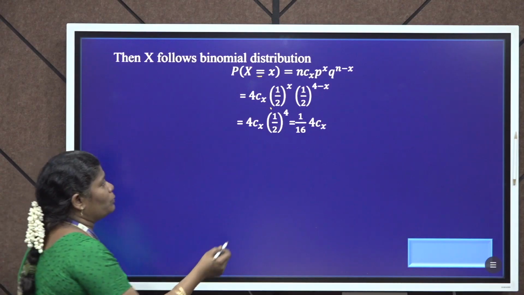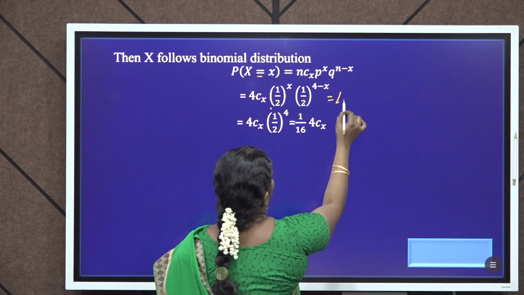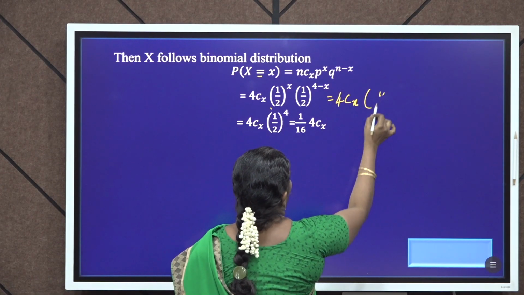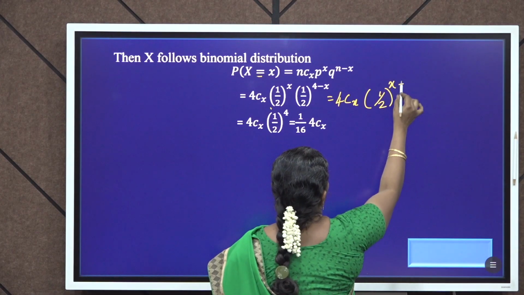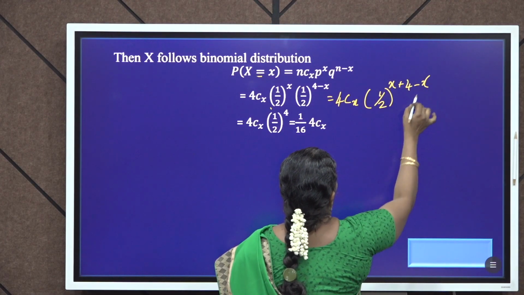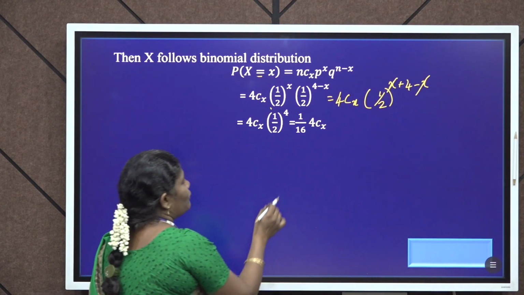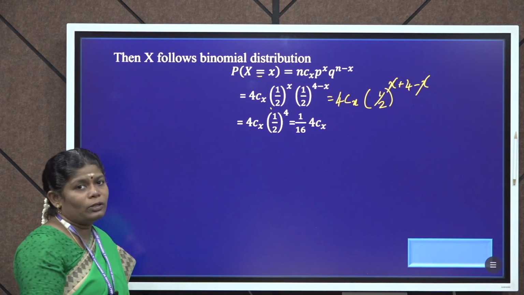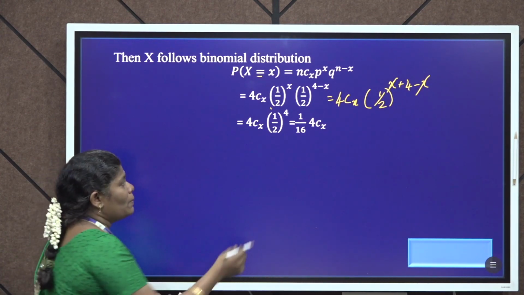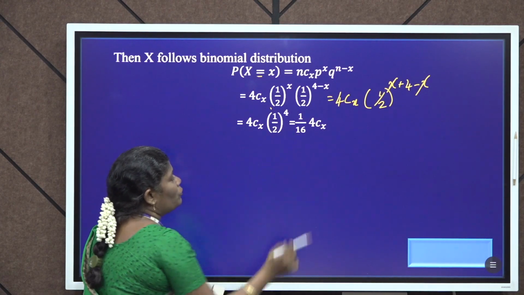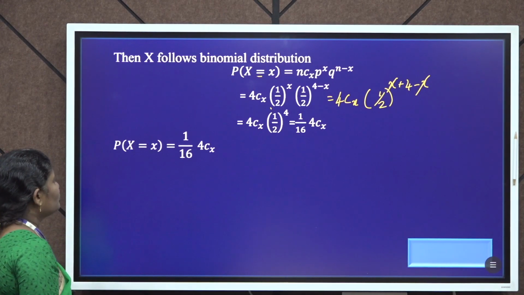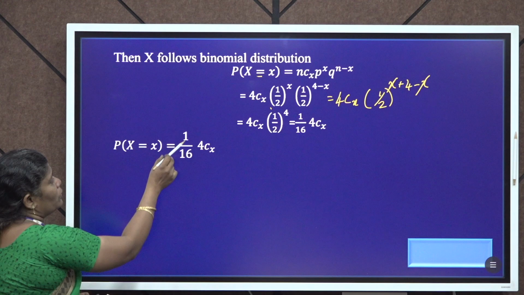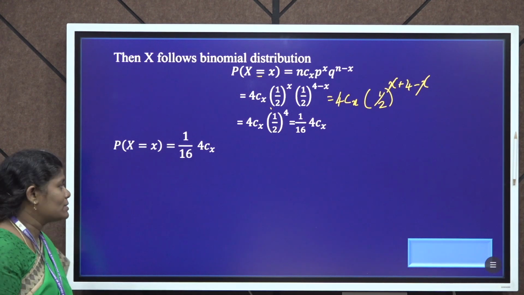Using law of exponents, this is equal to 4Cx (1/2)^(x+4-x). Cancelling this term, we get 4Cx (1/2)^4. (1/2)^4 equal to 1/16. Therefore, the probability value is equal to 1/16 into 4Cx.